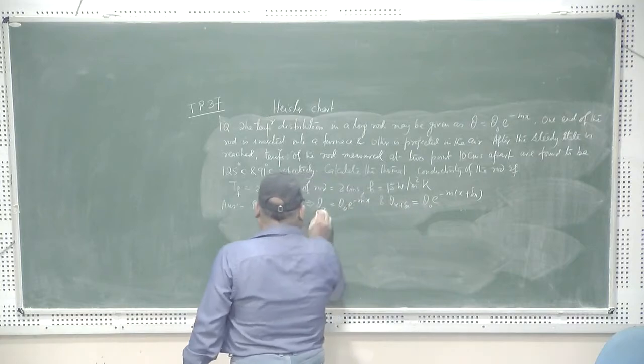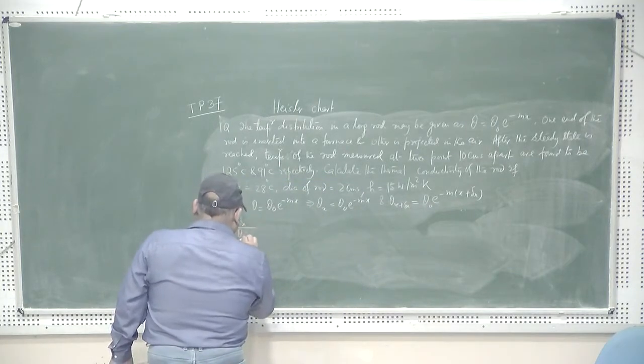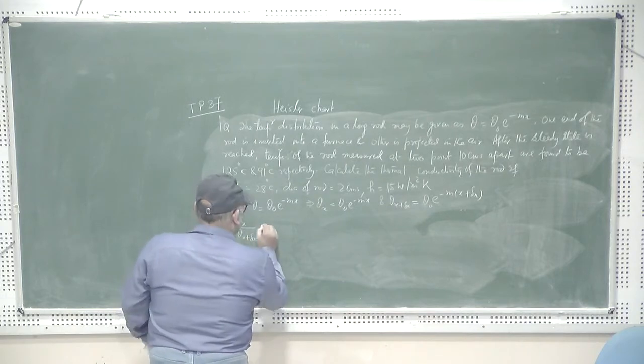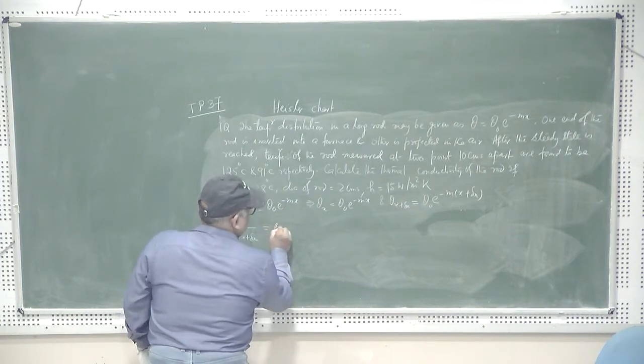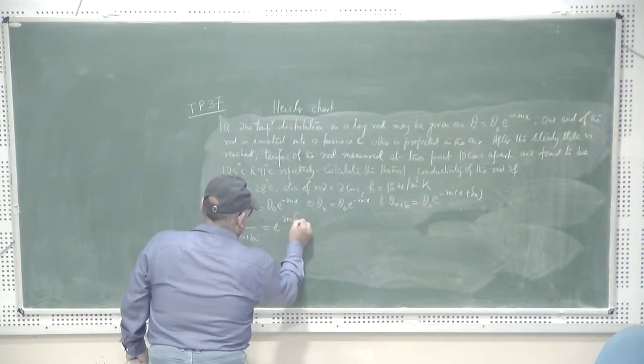So, theta x divided by theta at x plus delta x is equal to e to the power m delta x.